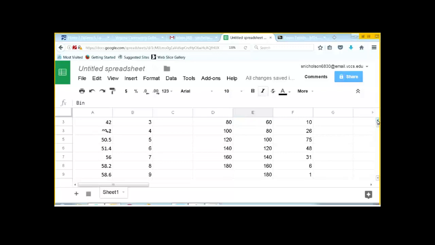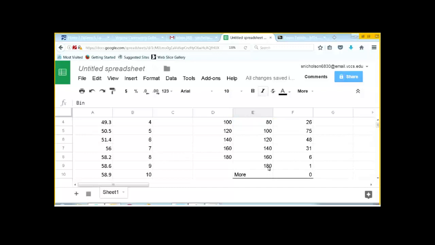So now here's my output. I've got two data points that are 40 or less, which is what I expected. I've got 10 in the next bin, and so forth.